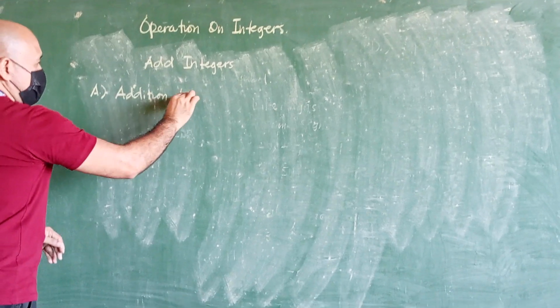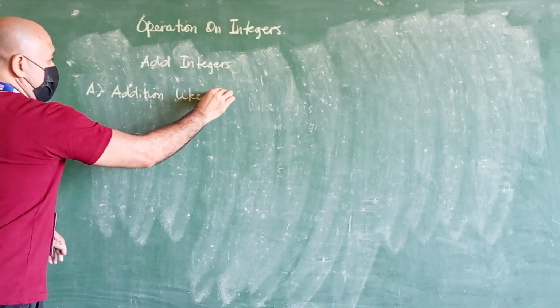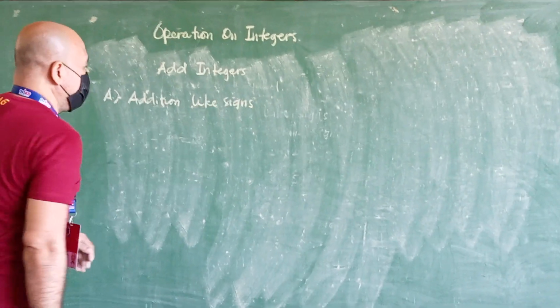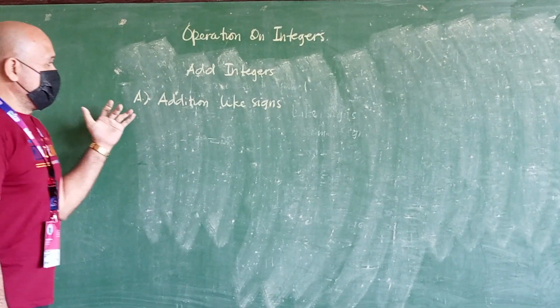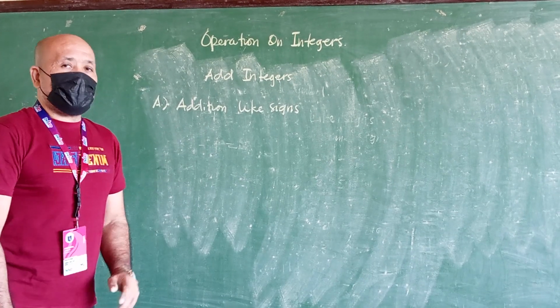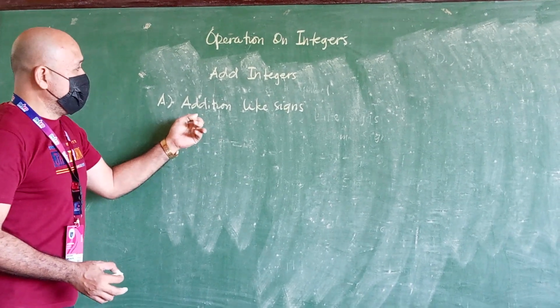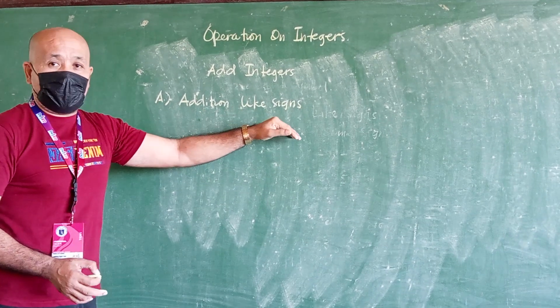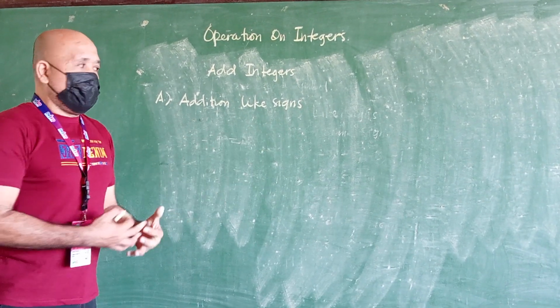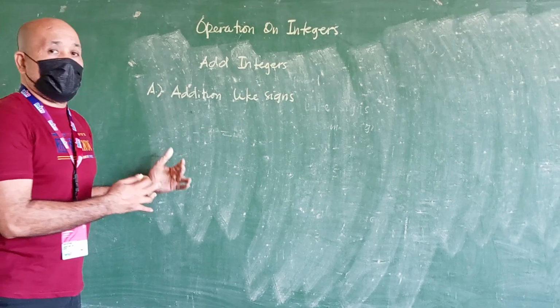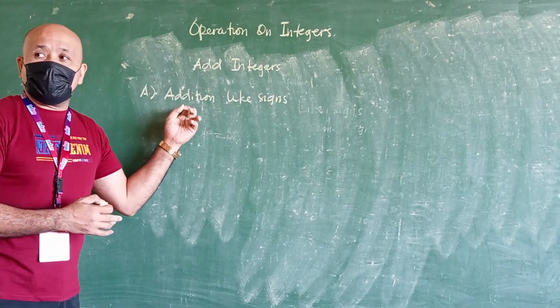Addition of like signs. Under this rule, you can add as many integers as you can, provided that their signs are the same. Meaning, there is no limit to how many integers you will be adding here.